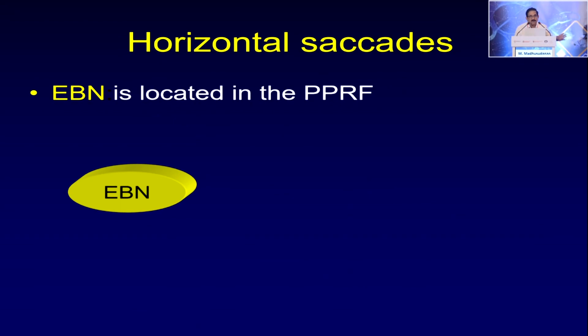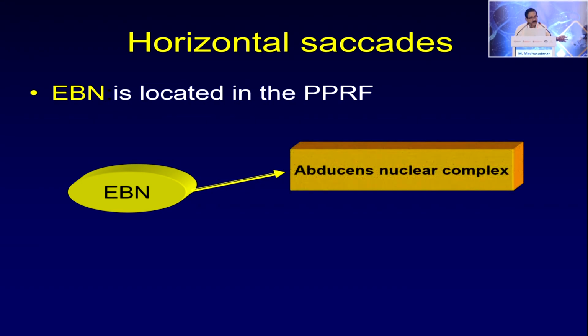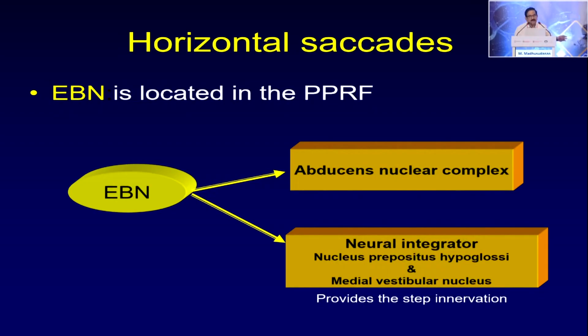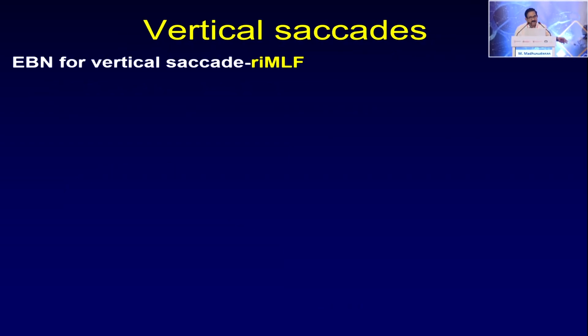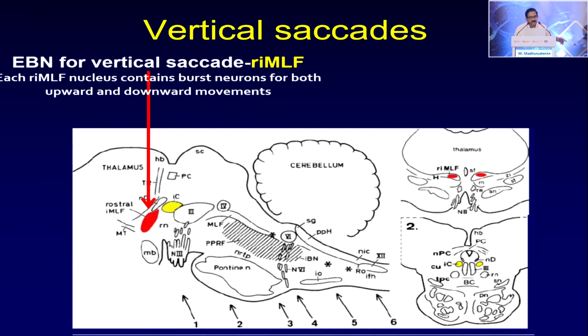The excitatory burst neurons in the PPRF connect not only to the abducens nucleus, they also go to the neural integrator for providing the step innervation. Now coming to the vertical saccades, the excitatory burst neurons for the vertical saccades are in the RIMLF. And the step innervation from the neural integrator is from the INC, that is, the interstitial nucleus of Cajal.